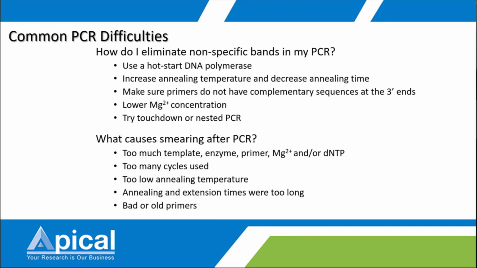To reduce non-specific products, optimize the annealing temperature and extension time. It is also important to ensure your primers are well designed using primer tools and are not too old, the best being less than 2 years, or try to get better purity of primer.